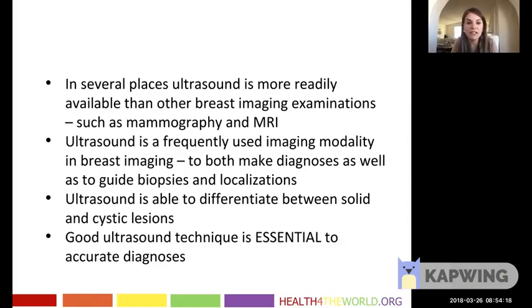These have a varied appearance, spiculated margins, but high-grade carcinomas on ultrasound can have very benign looking margins. They can be hypoechoic circumscribed margins, particularly in our very high-risk patients. So we use ultrasound really to define if something is cystic or if it's solid. And good ultrasound technique that we went over earlier in the lecture is absolutely essential to accurate diagnoses.